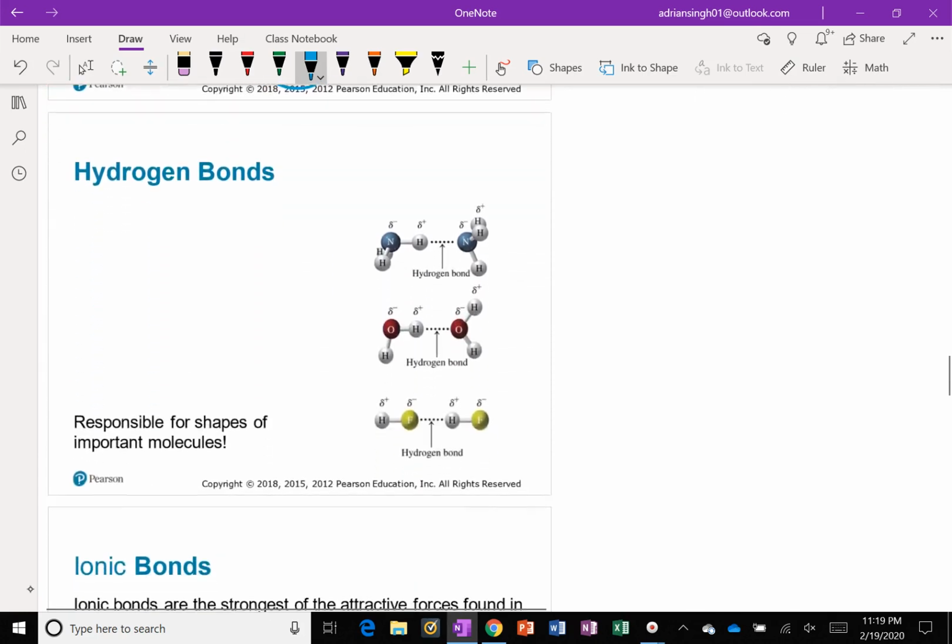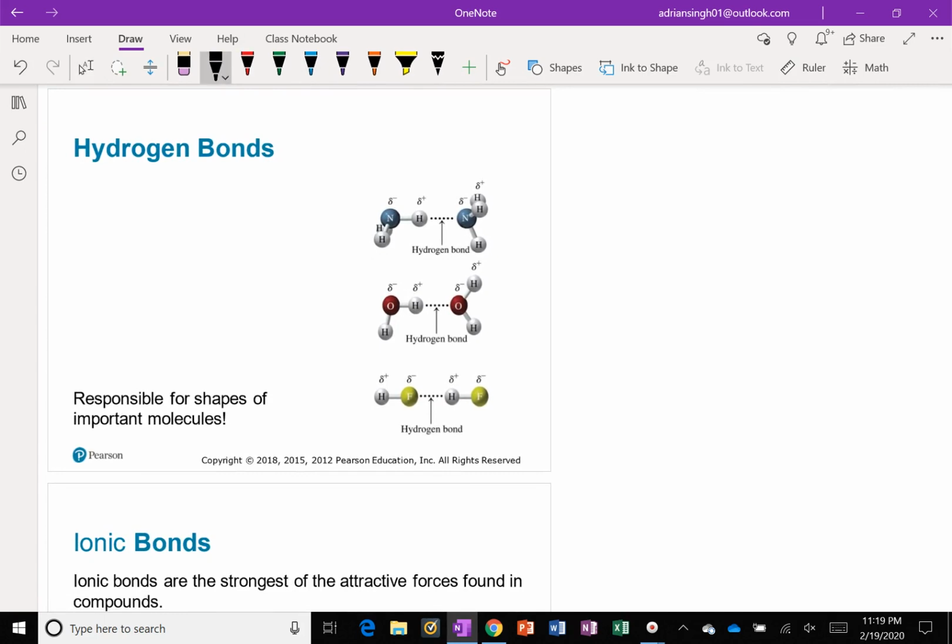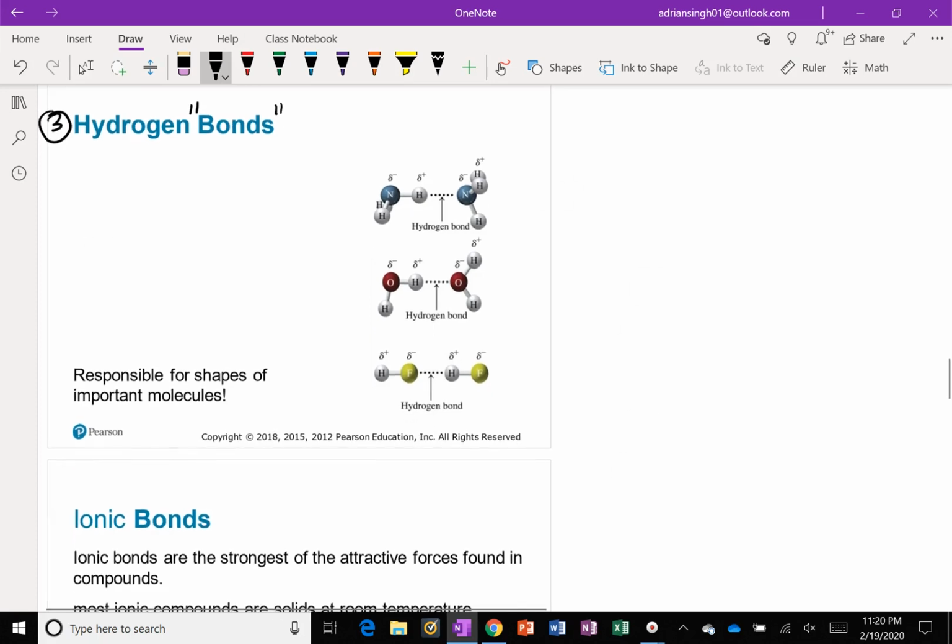The third type of intermolecular force is known as the hydrogen bond. I'm going to put the word bond in quotations because it's not bonding in the strictest sense. Really, you can think of it as a very strong type of dipole-dipole attraction.